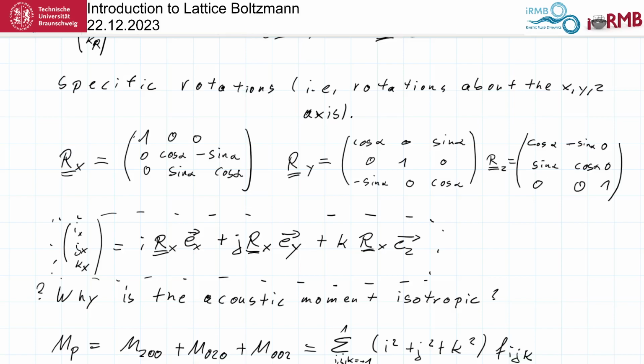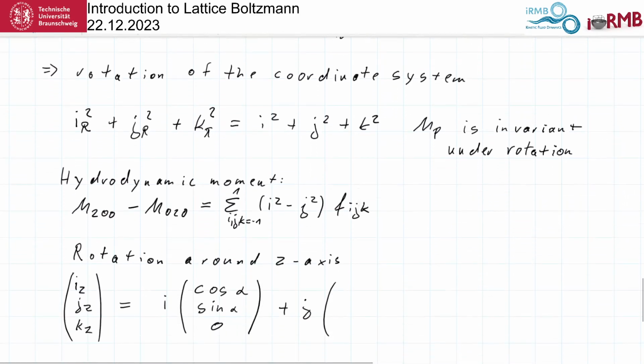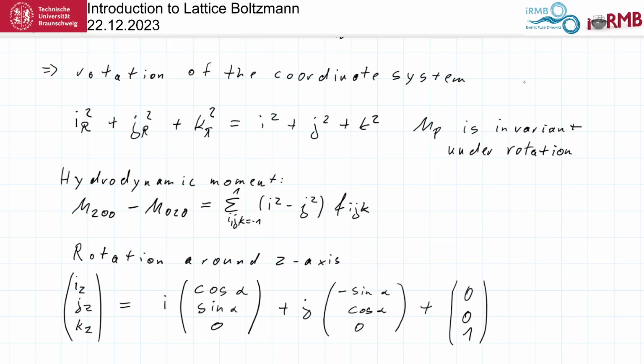This gives you the second column of this matrix, which is minus sine alpha, cosine alpha, and 0. And the last thing is you multiply the rotation matrix with 0, 0, 1, and you get the last column, which is just 0, 0, 1.